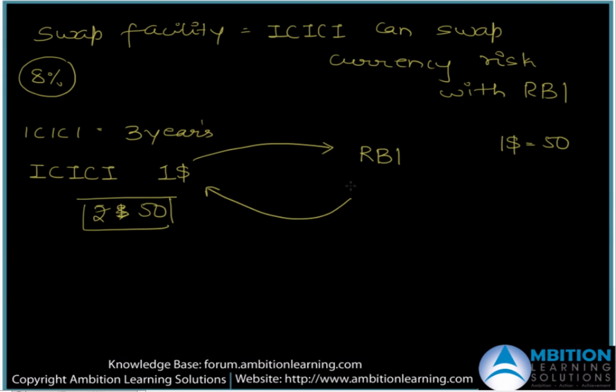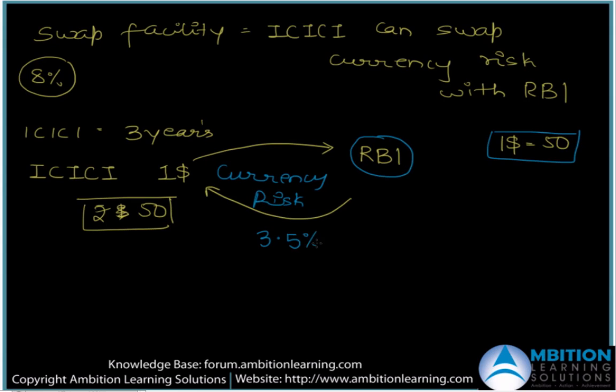So what is different? The difference is that, irrespective of wherever the currency moves, the entire currency risk, or in terms of what we understood in the last slide, the entire hedging cost, will be taken care of by RBI, for which ICICI needs to pay only 3.5% interest.